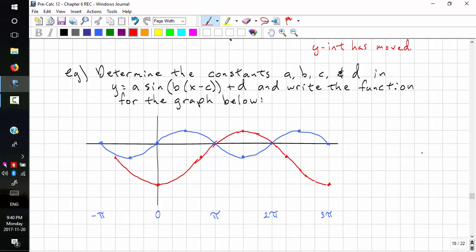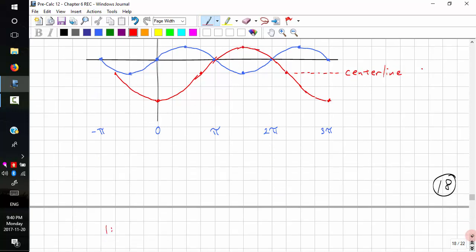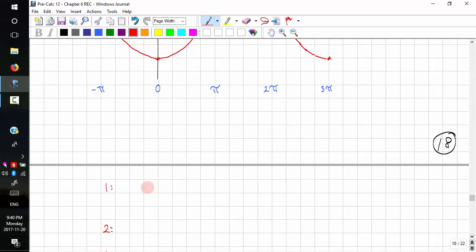Okay, we look at the max and min, and we can determine our center line. So you can visually spot the center line. Or you can go ahead and do the calculation. D equals 1 plus negative 3 over 2.